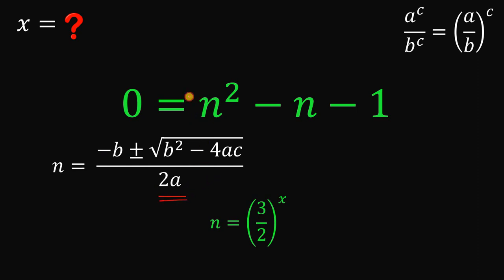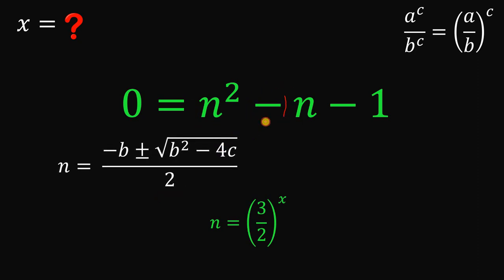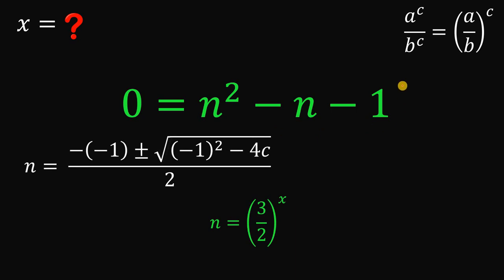The value of a must be the coefficient of n squared, which is 1, so we can replace all a with 1. Now, the value of b is the coefficient of n, which is negative 1. So we can replace all b with negative 1. And the value of c is the constant, which is negative 1 also.